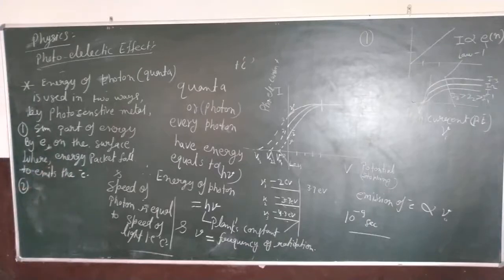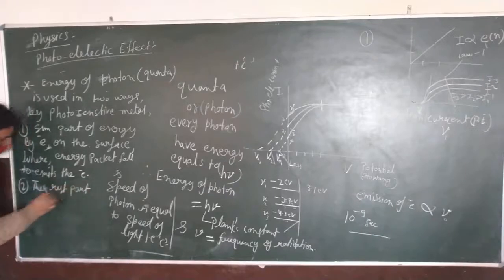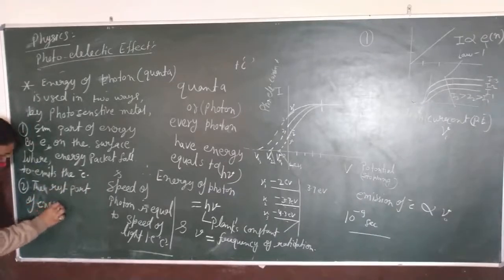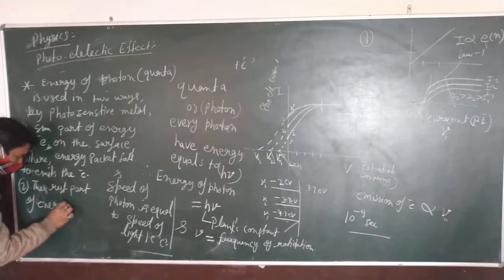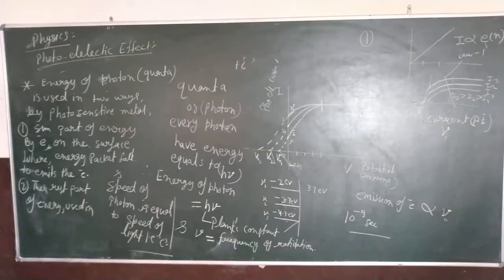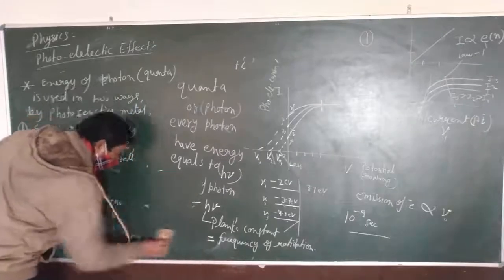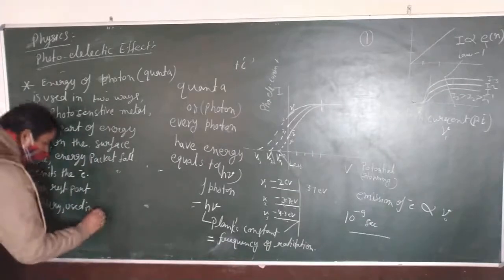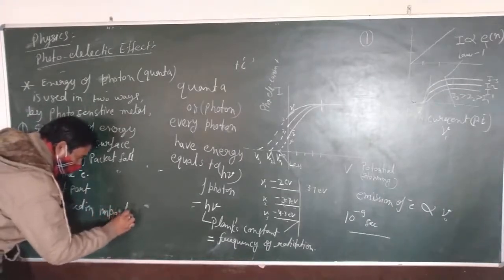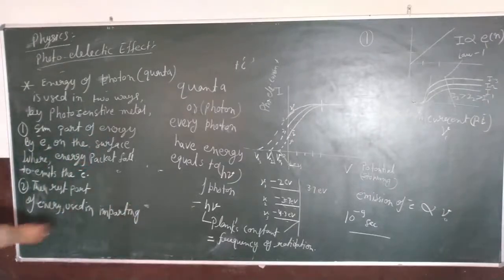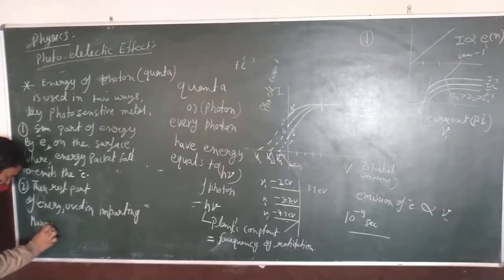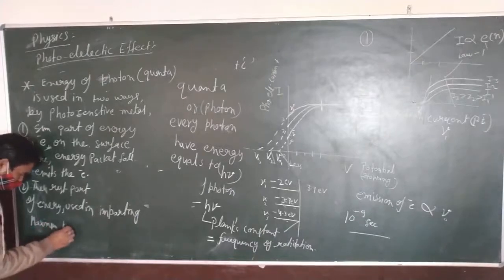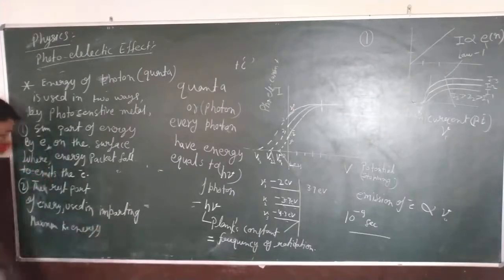And second, the rest part of the energy is used in imparting maximum kinetic energy to the emitted electron.